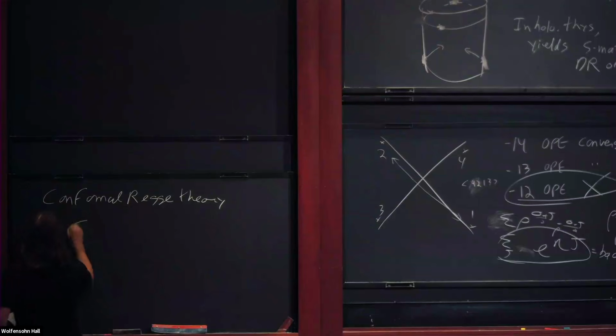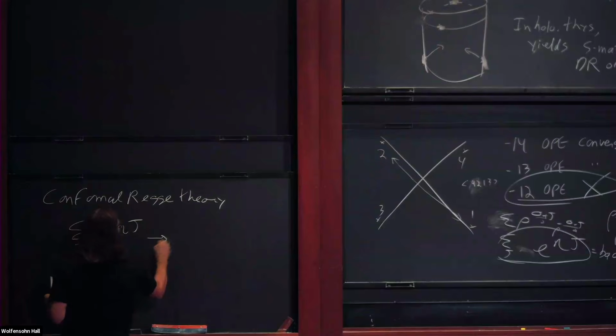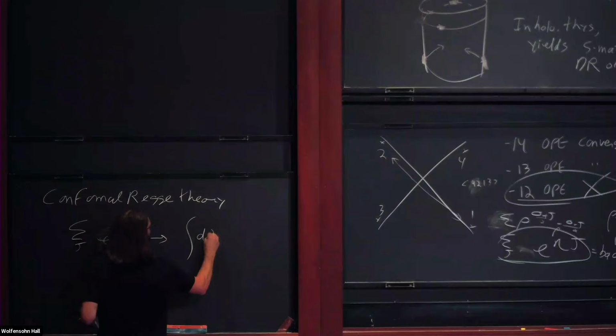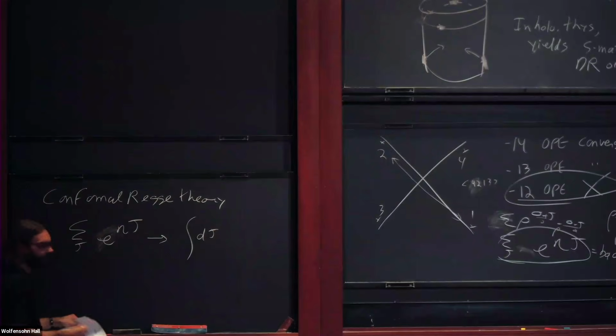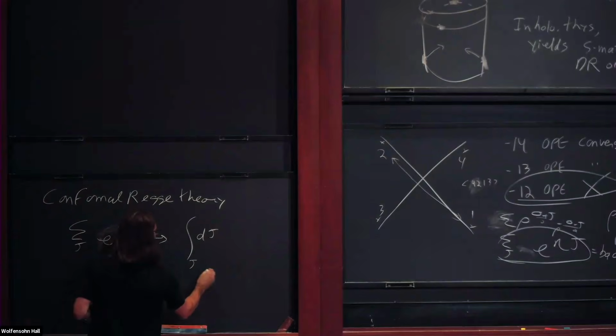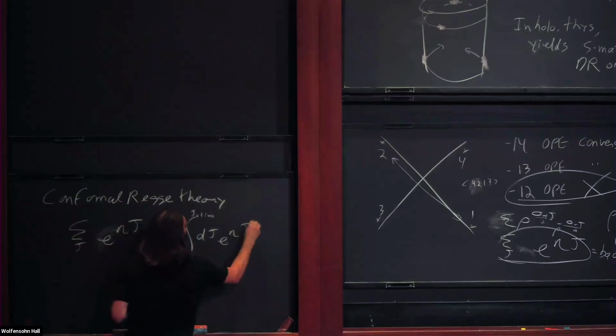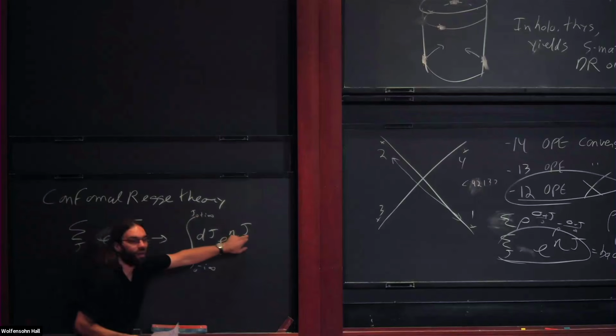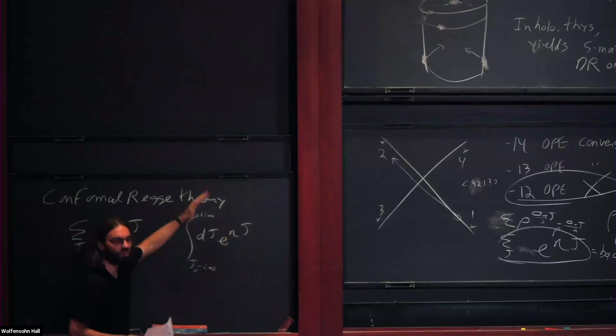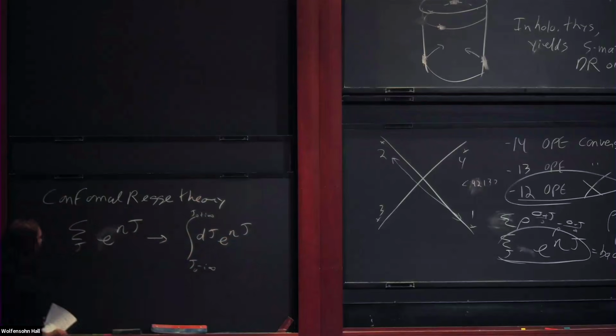The idea is that instead of doing this sum over spins, where we have this exponential of boost times spin, which does not converge, you rewrite the sum over spin as an integral over spin, where the integral runs over something like a principal series, from 0 minus i infinity to 0 plus i infinity. Now this looks more like a Fourier transform. The exponent is now oscillatory. This looks like a Fourier transform with respect to boost. And now this makes sense.